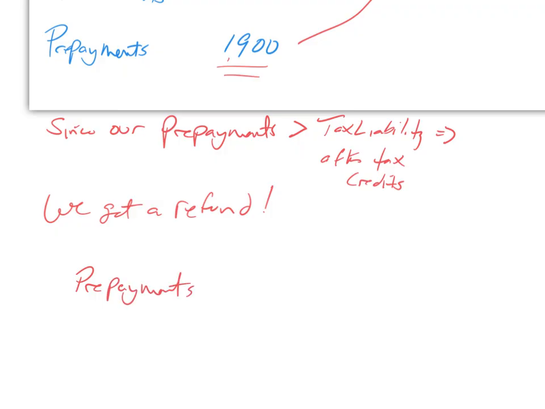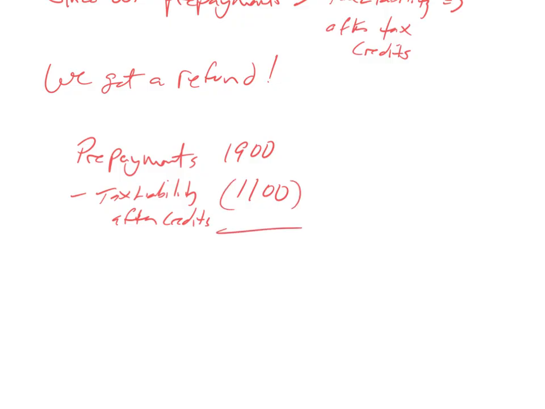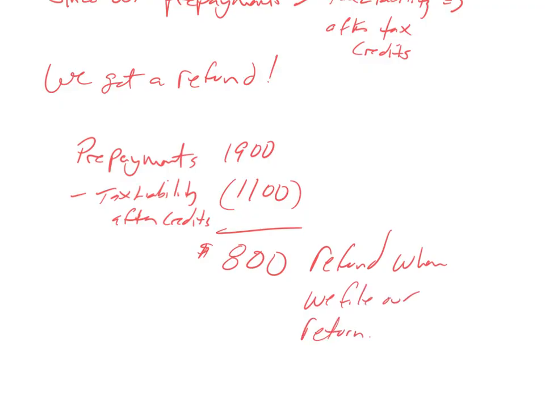So prepayments, 1,900 minus 1,100 means we get an $800 refund when we file our return. All right, this was a pretty short video, but that's it.